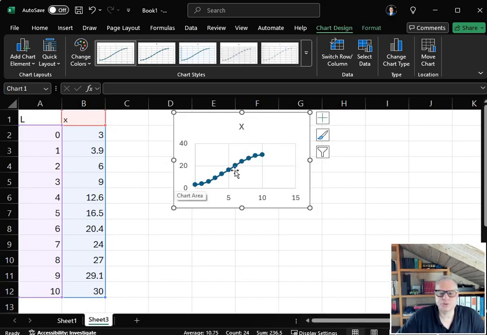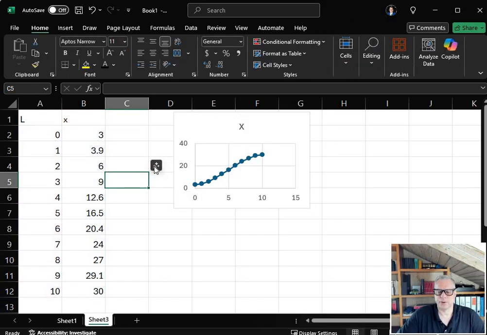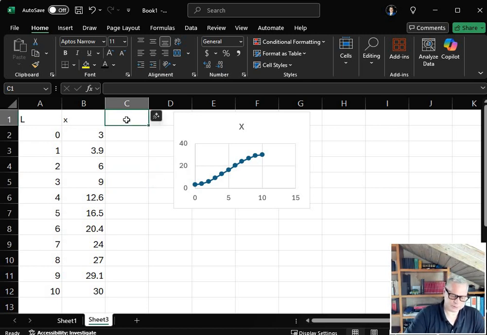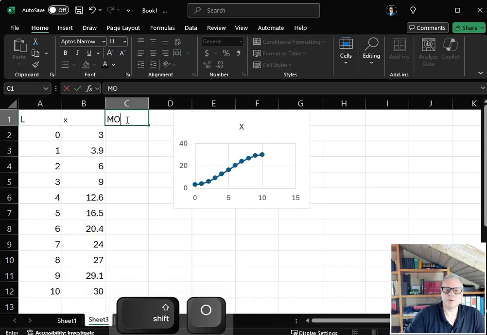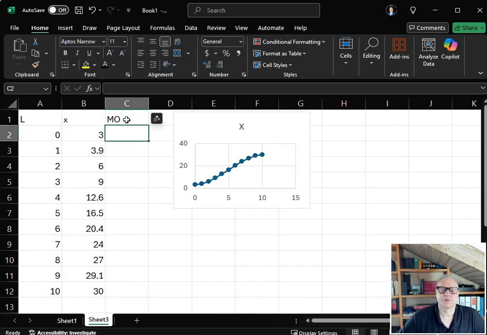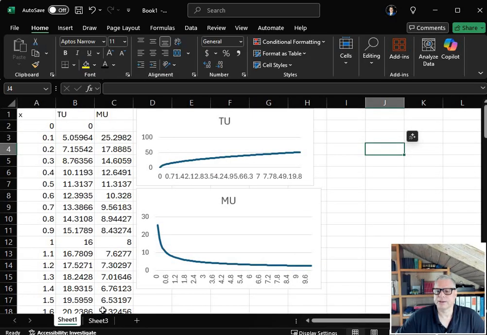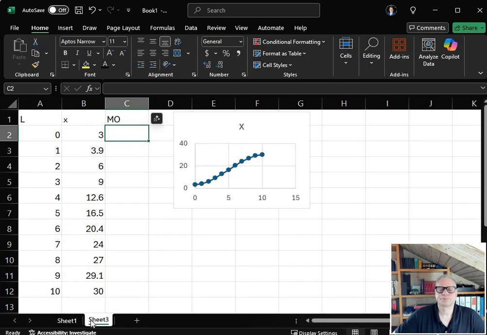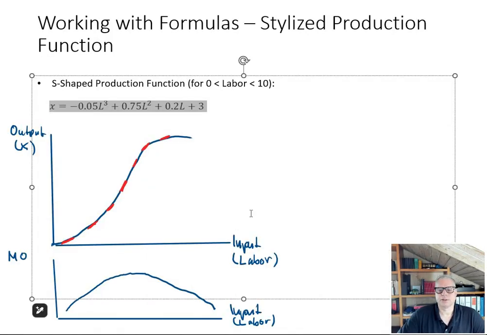Now if we also want to draw the marginal output, MO, then we have to take the derivative of this equation here. So the first derivative of the output function will be the marginal output function, that will give us the slope at each point. So let's quickly do that.